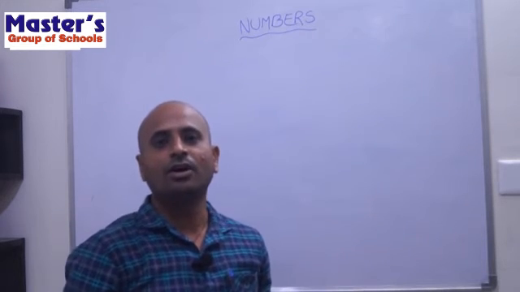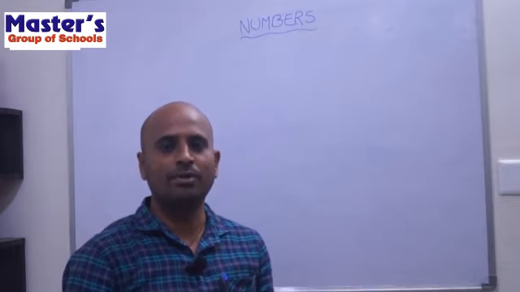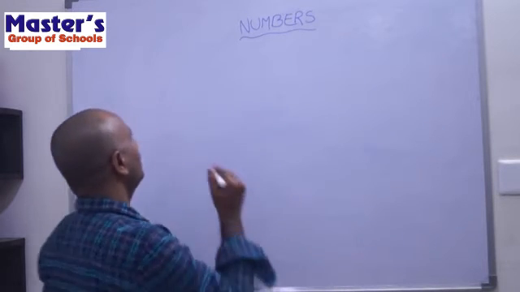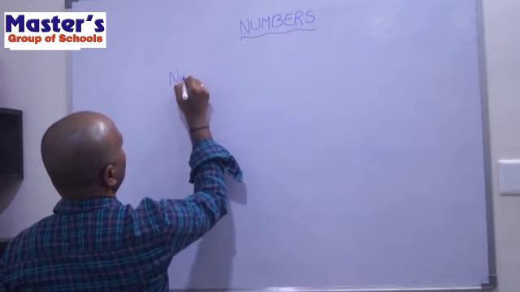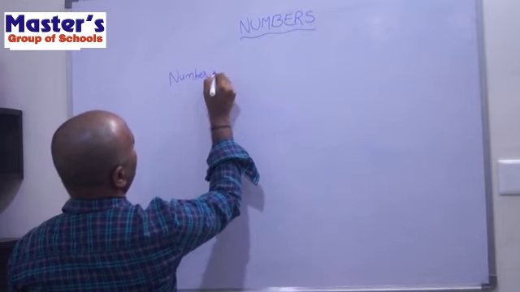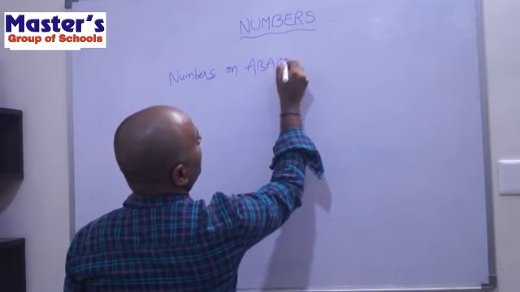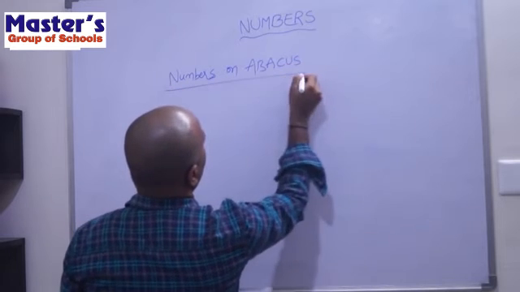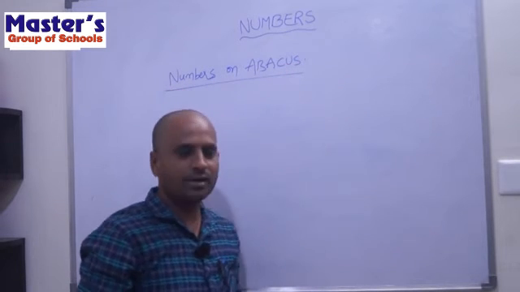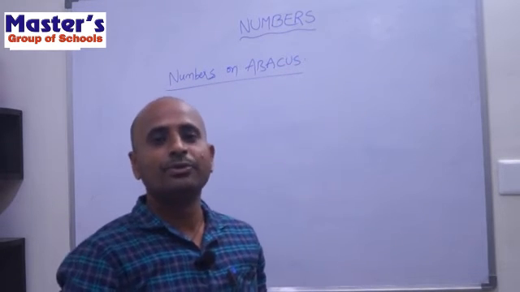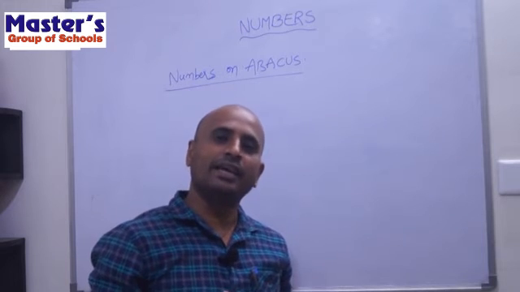We will learn how to show numbers on the abacus. So how do we represent numbers on the abacus? What is an abacus? An abacus is a device by which we can represent any number.